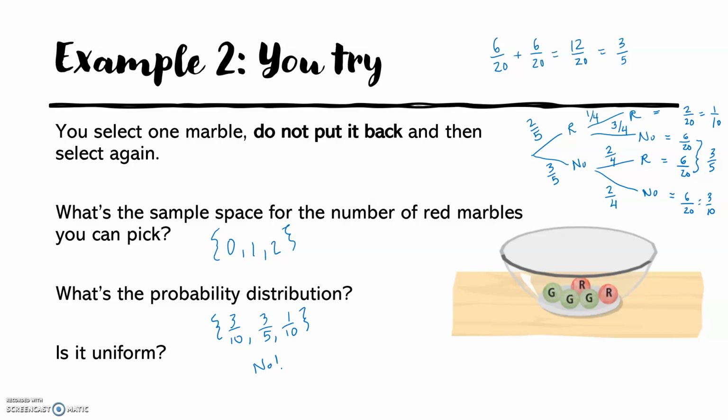And then the probability distribution is going to be those 3 probabilities. And it is not uniform because those probabilities are all different. I added these 2 probabilities together because those are both events where I got 1 red marble.